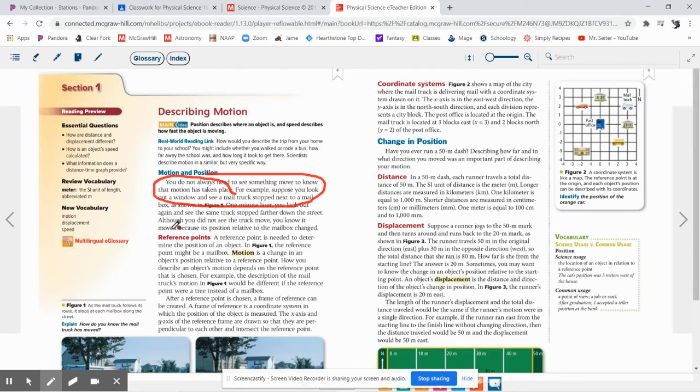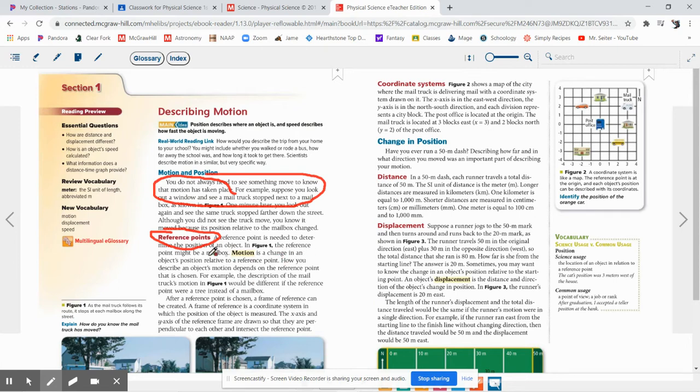How do we know it moved? Because we have a reference point. The school building, we know the school building's not going to move. And since we know the school building's not going to move, if the bus changes position relative to your reference point, the school, we know it's moved, okay?